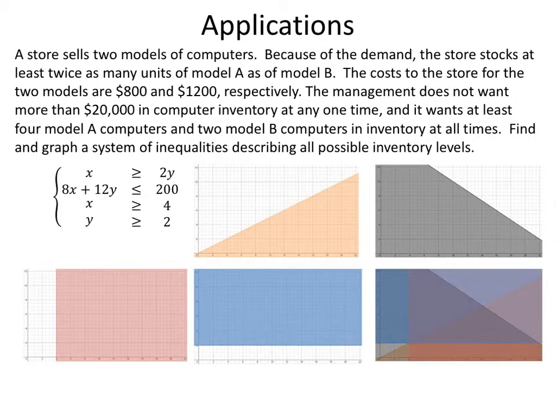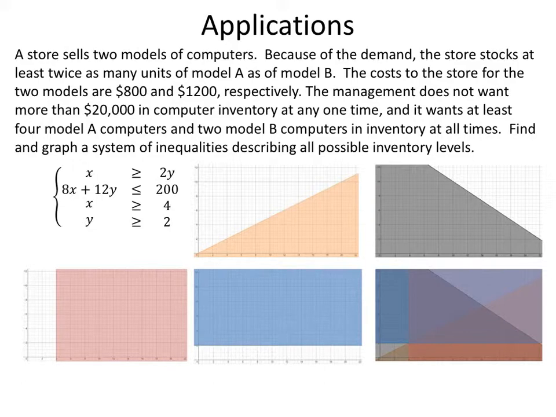So we divided everything by 100, and 20,000 divided by 100 is 200, okay? Then management does not want to store more than 20,000 in computer inventory, and it wants at least 4 Model A's and 2 Model B's. So Model A's have to be greater than or equal to 4, Model B's have to be greater than or equal to 2. So we want to find a system of inequalities describing all possible inventory levels. So these first 4 graphs show these 4 equations separately.